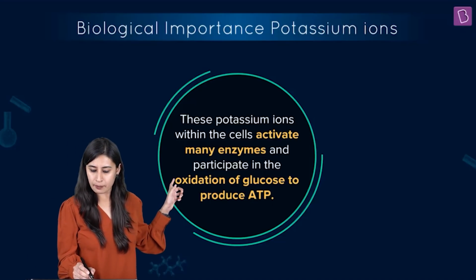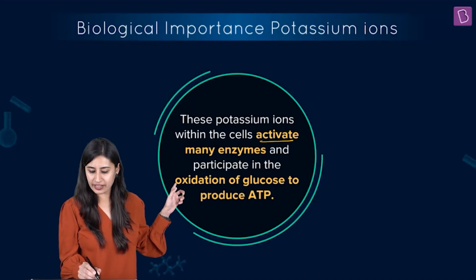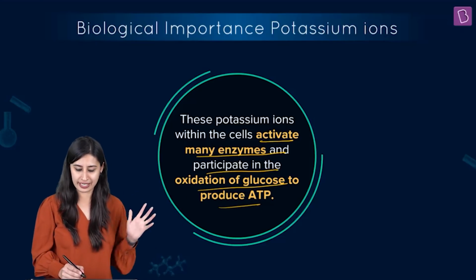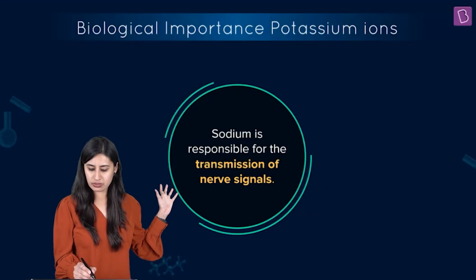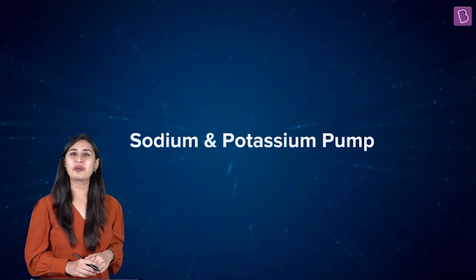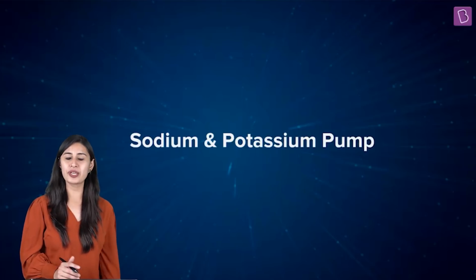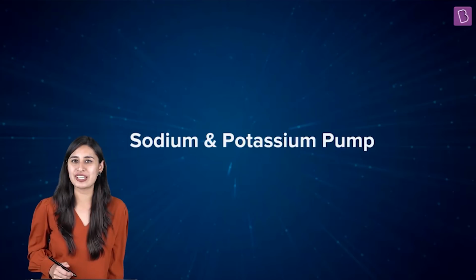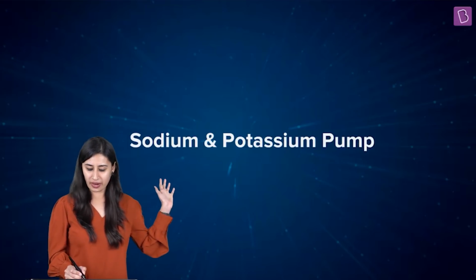These potassium ions within the cell activate many enzymes and participate in oxidation of glucose to produce ATP, like I already told you. Sodium is responsible for transmission of nerve signals, but along with potassium. So the sodium-potassium pump, something that you've done religiously in biology, right? Let's see what's going on.